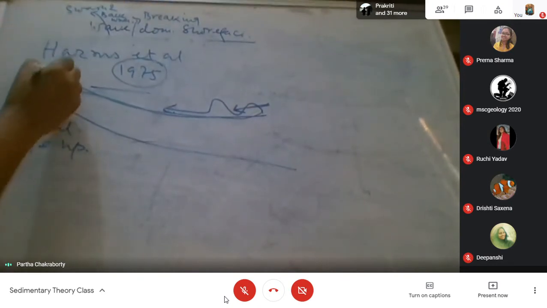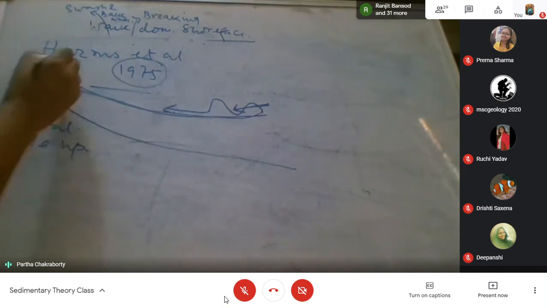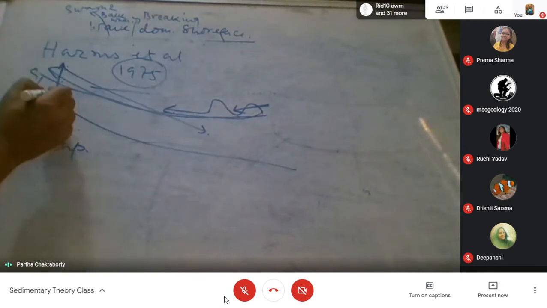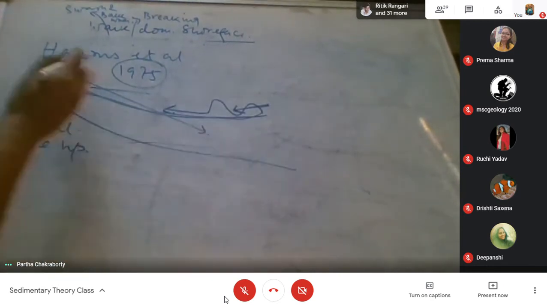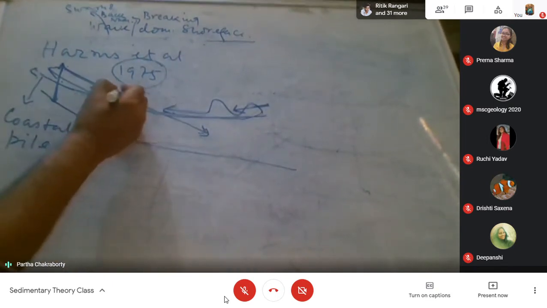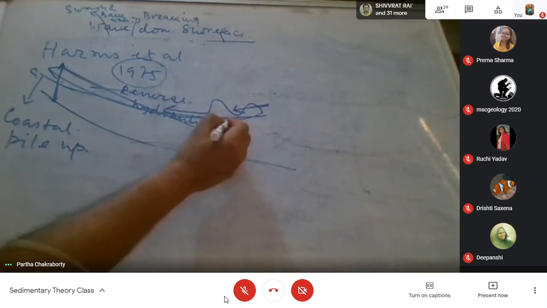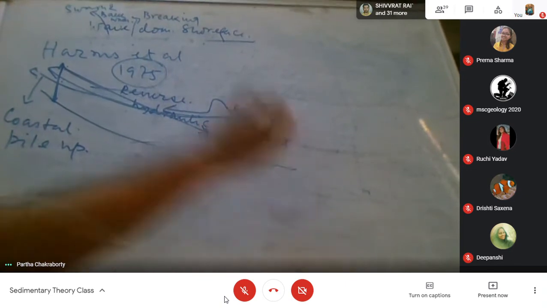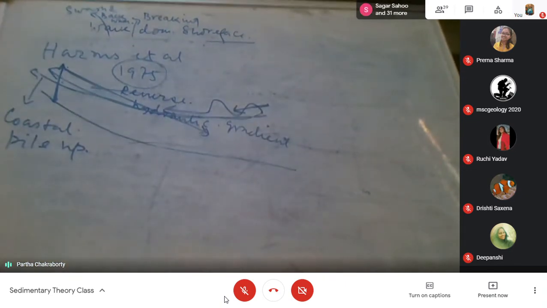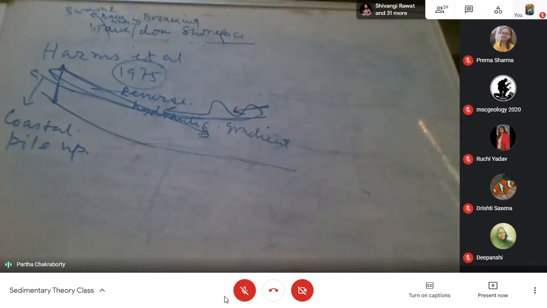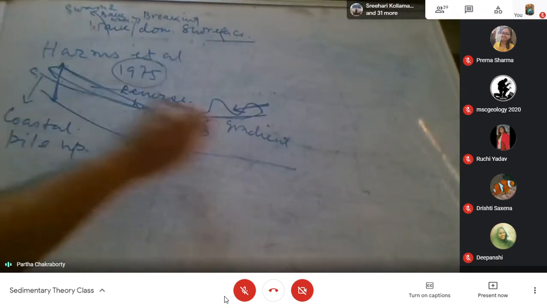A water mass will accumulate here, and a reverse hydraulic gradient will form, where from the shoreline there will be a movement of water into the deeper water, because you have a piling of water near the coastline by the movement of surface water, and that causes a hydraulic gradient.